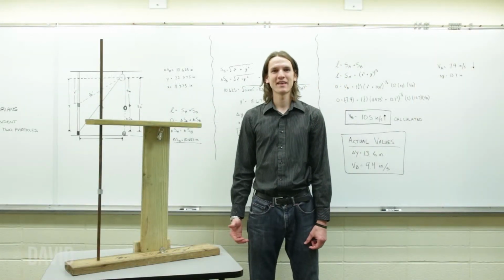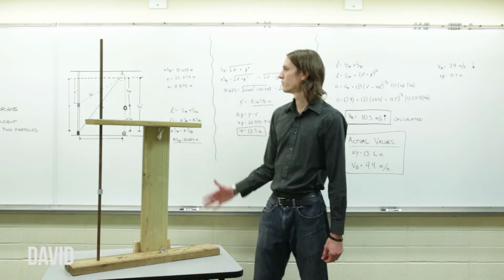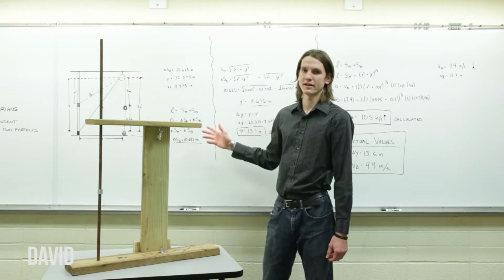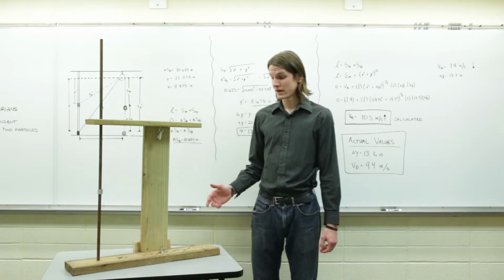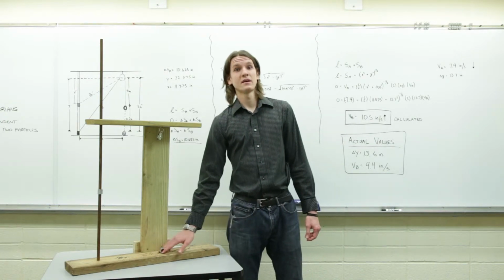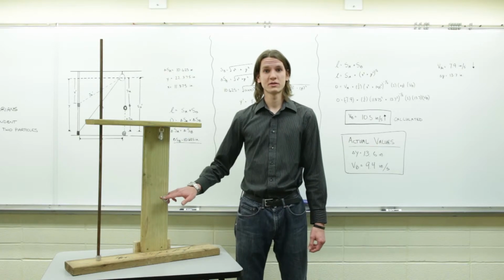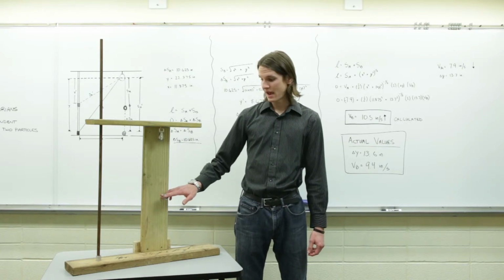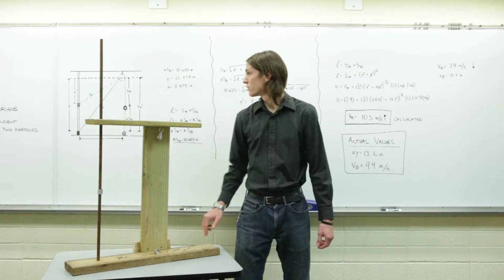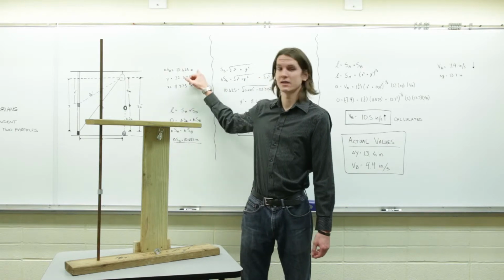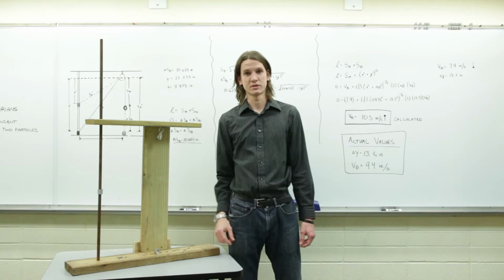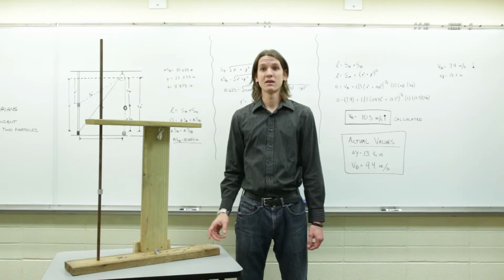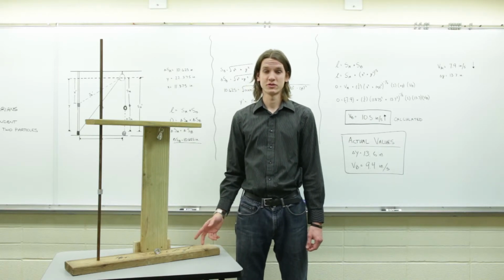I'm David Hudlow, and in order to work our calculations, we had to have some known values. So we measured the height that the nut was going to be starting at, and we used that to calculate the height that the sleeve was going to go up. And then we also needed to measure the velocity.